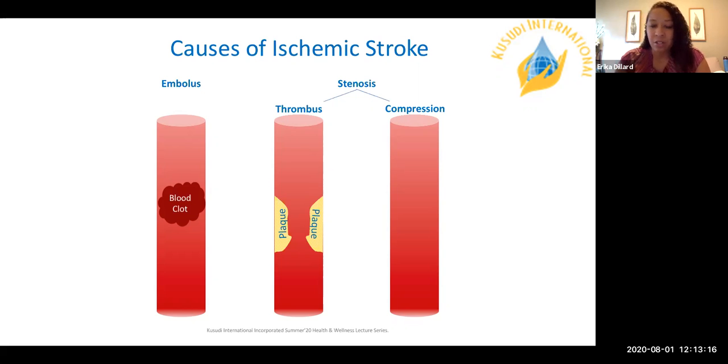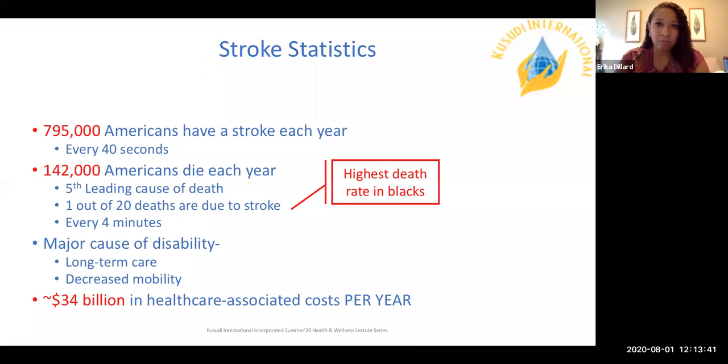Another way stenosis occurs is not from the inside of the artery, but from the outside. Say someone has a tumor that is growing very slowly, and eventually it pushes on the artery. At the point where it pushes, it prevents blood from flowing past. So this is another way you can develop a stenotic area in the artery that can cause an ischemic stroke.